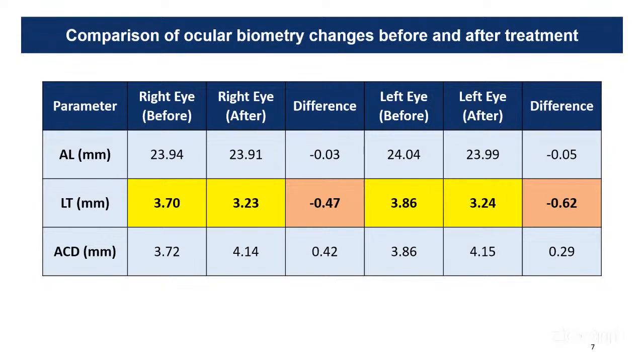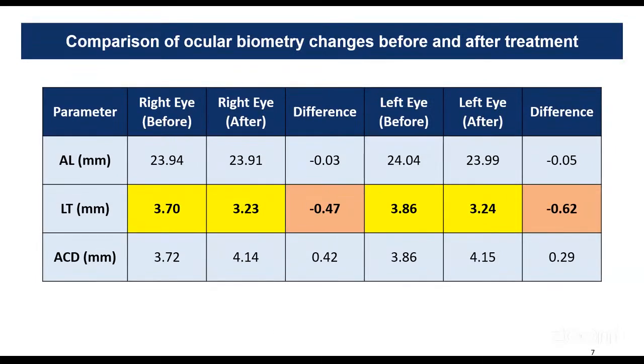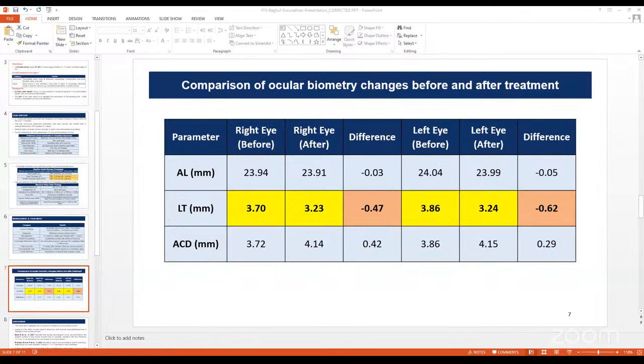So that's why I'm going beyond, to see if there are any structural changes in the lens. That's why we did this, ma'am. Very interesting. Thank you. Thank you, ma'am. Thank you, sir.